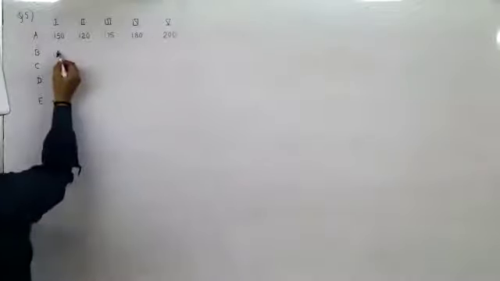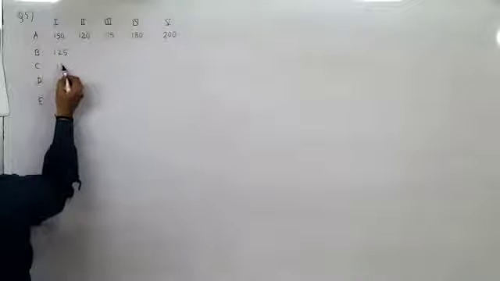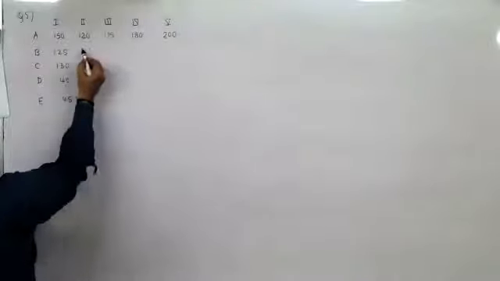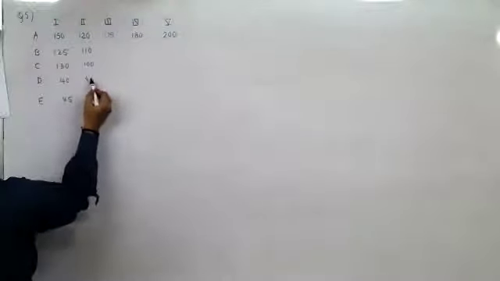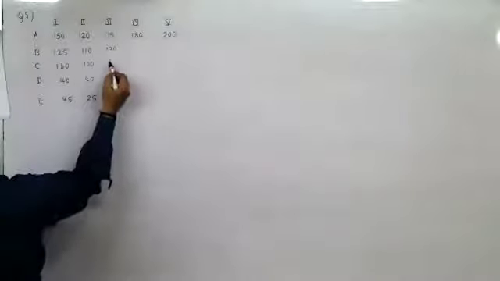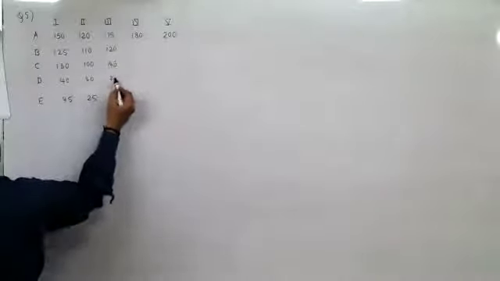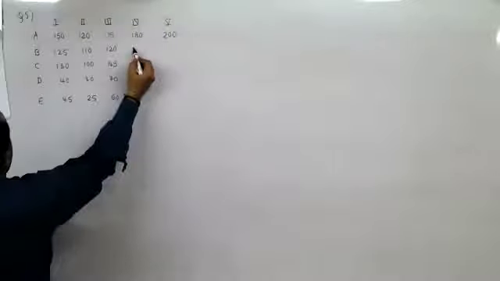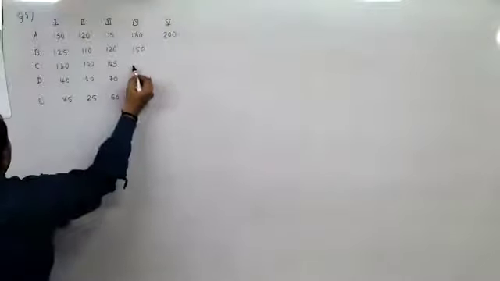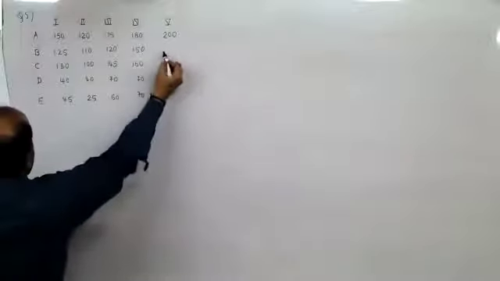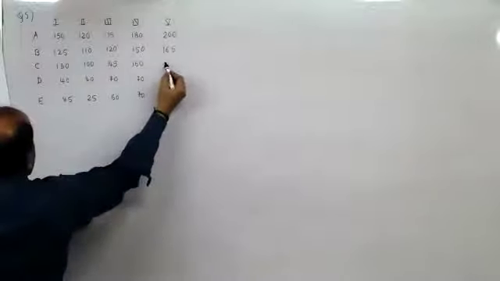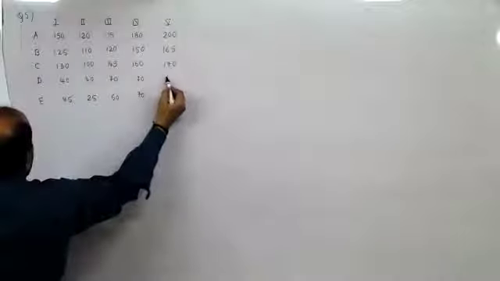This would be 125, 130, 40, and 45. This would be 110. This is 100, 40, 25. This is 120, 145, 70, and 60. This is 150, 160, 70, and 70. 165, 170, 195.